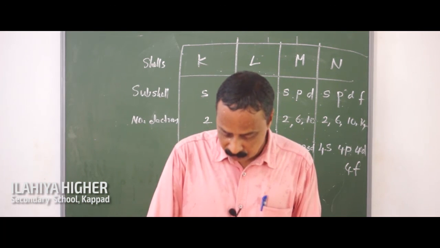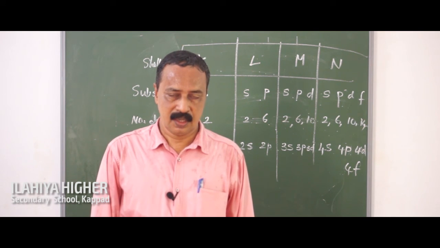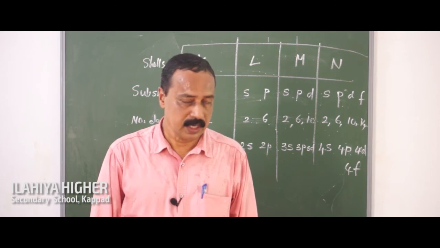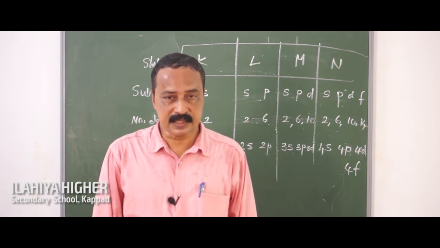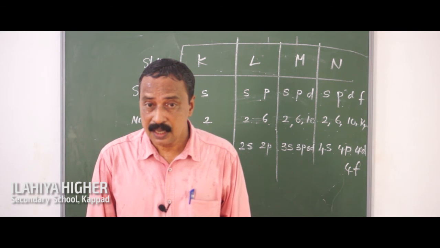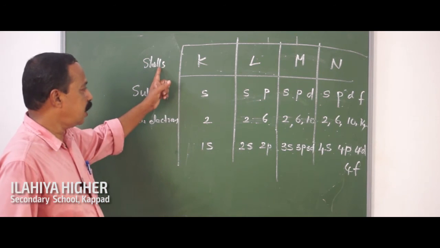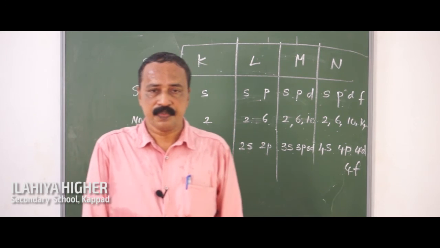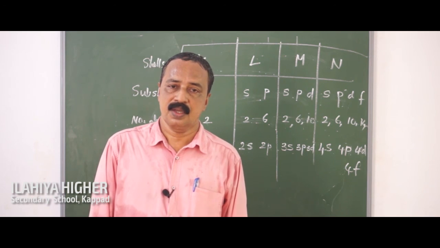So, which subshell is common? The S subshell. The S subshell can accommodate how many electrons? 2 electrons. P subshell 6 electrons. D subshell a maximum of 10 electrons. And F subshell 14 electrons. Observe the table. Complete the worksheet in your textbook and read the paragraph. Okay.